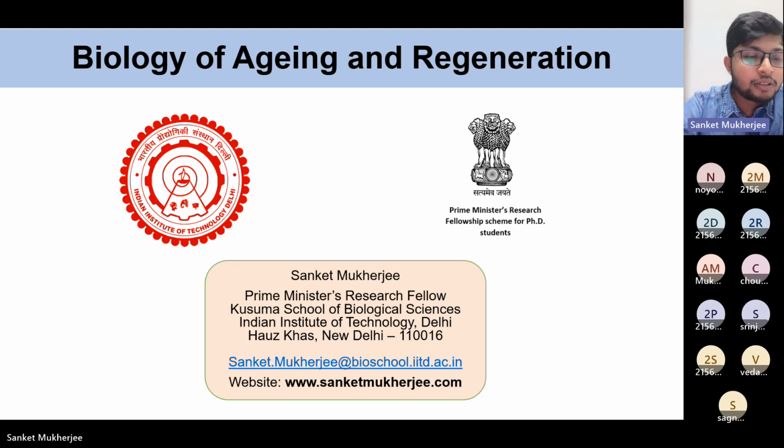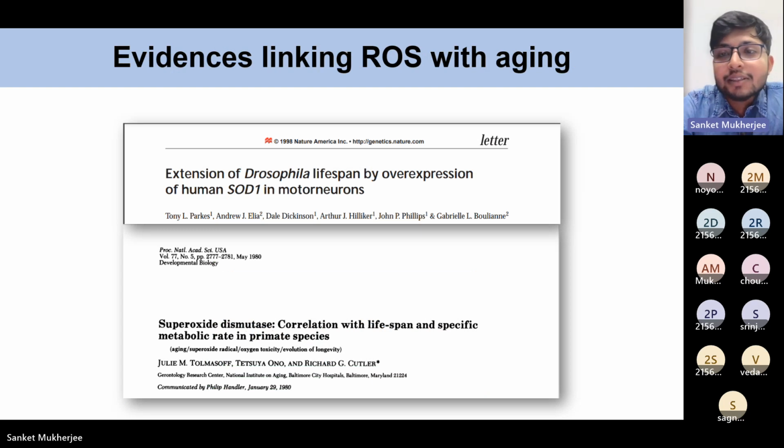Starting off with the first slide, you just spoke about evidences linking reactive oxygen species and aging. You have given a very nice flow chart of how reactive oxygen species cause DNA damage and whatever happens.